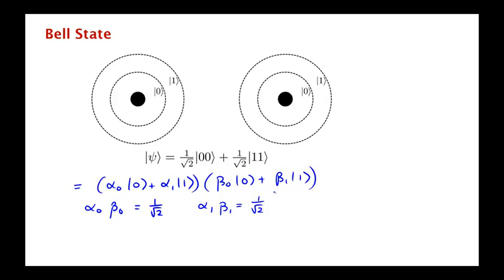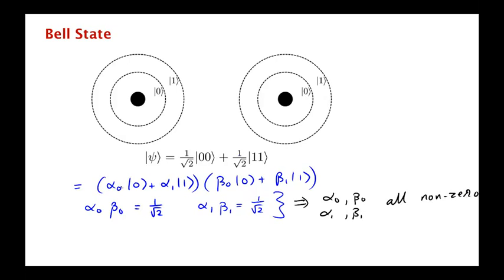What these two facts imply is that alpha 0, beta 0, alpha 1, beta 1 are all non-zero. But now let's go back and look at the amplitude of 0, 1. Well, that's 0.